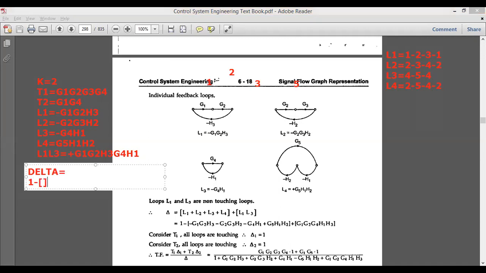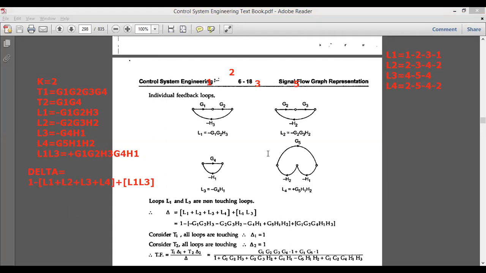In the bracket, we write all the loops: L1 plus L2 plus L3 plus L4. Afterwards put plus, don't put minus, it should be plus, then the non-touching loops. The non-touching loops are L1 and L3. So this is the formula for delta.